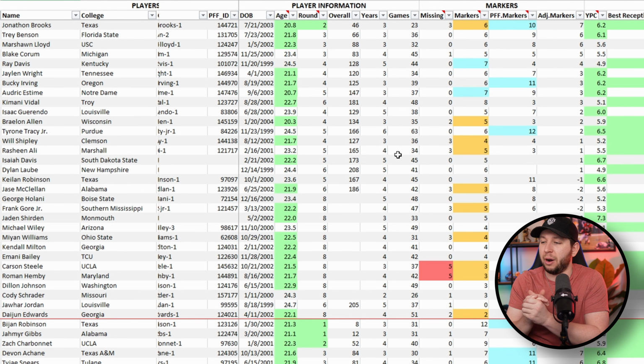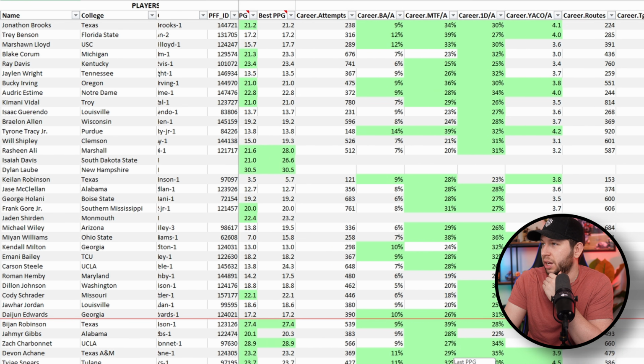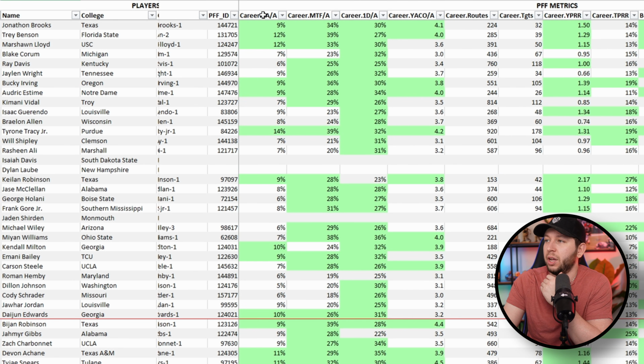Now, I do have those PFF, Pro Football Focus, metrics that I am incorporating this year, just like I did for wide receivers. Running backs, of course, have different metrics. So we're looking at things like breakaway runs per attempt, where I think they define a breakaway as 15 plus yards, missed tackles forced per attempt, first downs per attempt, and yards after contact per attempt.